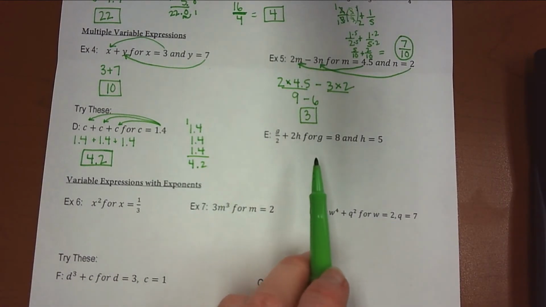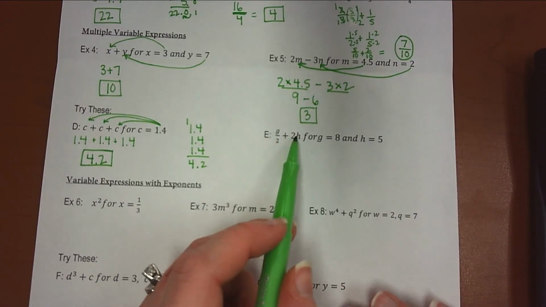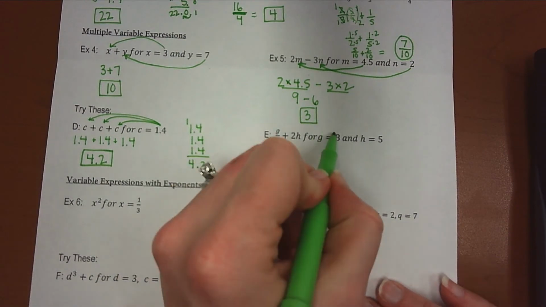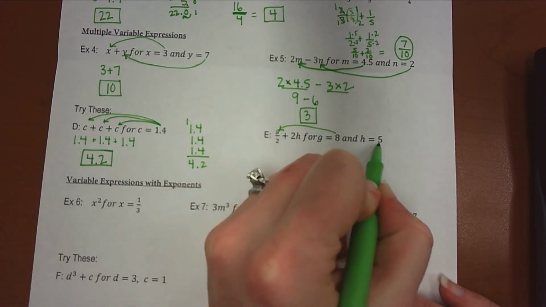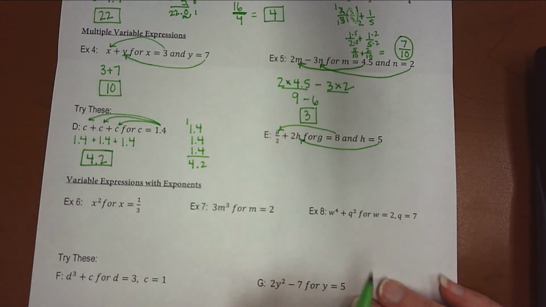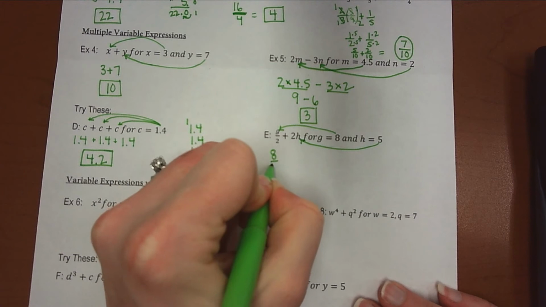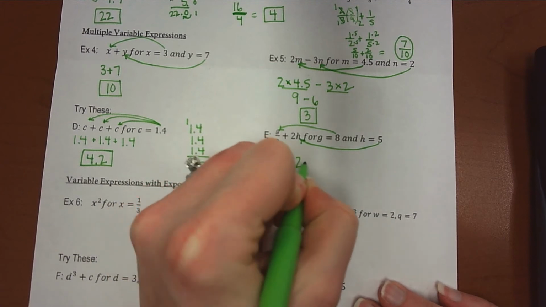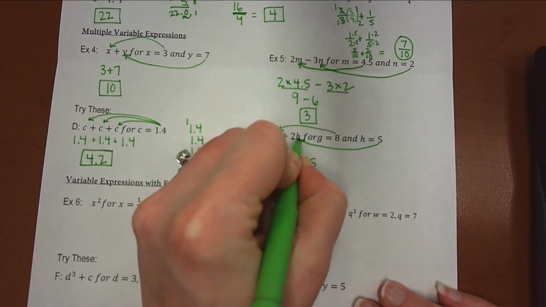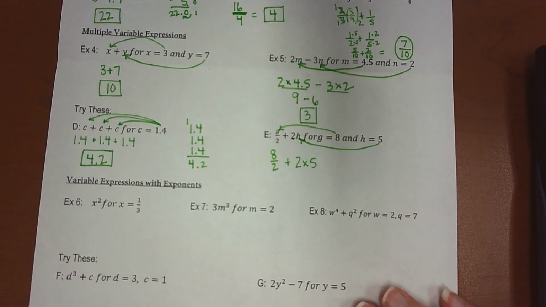On this last example here, we've got g over 2 plus 2h for g equals 8 and h equals 5. So I'm plugging those values in for each variable. What that means is I have 8 over 2 plus 2 times 5. A number next to a variable means we're multiplying the 2. Order of operations says we must divide and multiply from left to right.